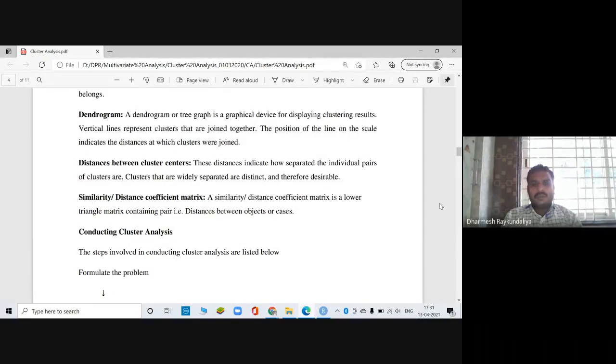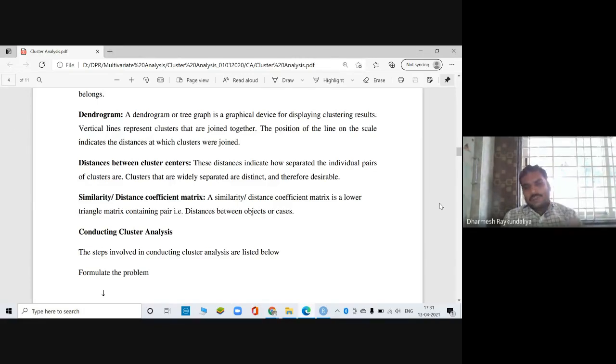The similarity or distance coefficient matrix is a lower triangular matrix containing the pairwise distances between the objects. When you do cluster analysis, if the data is quantitative, we calculate the distance, and mainly we calculate the Euclidean distance. There are several other distances, but most of the time we use the Euclidean distance.